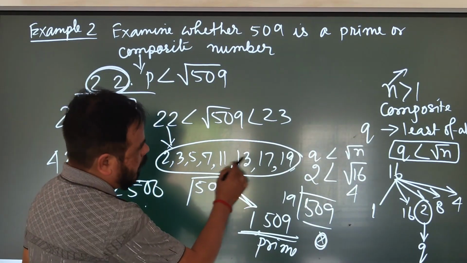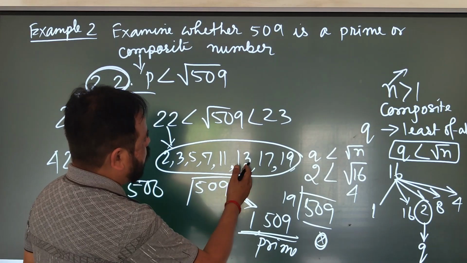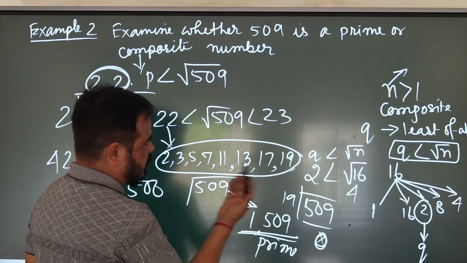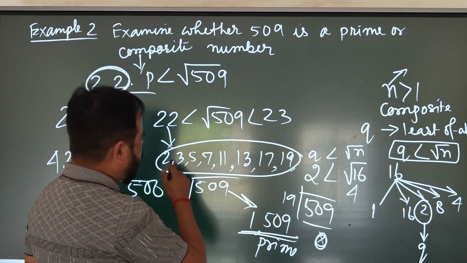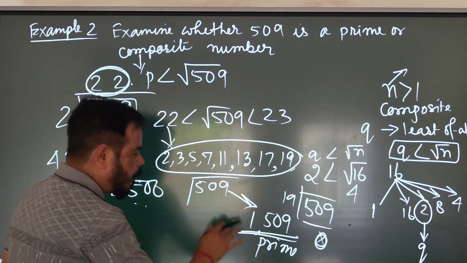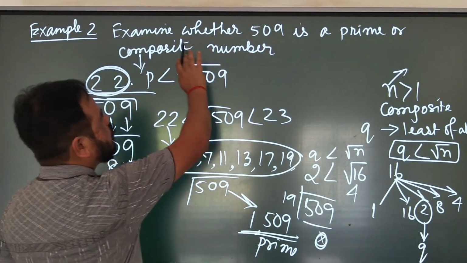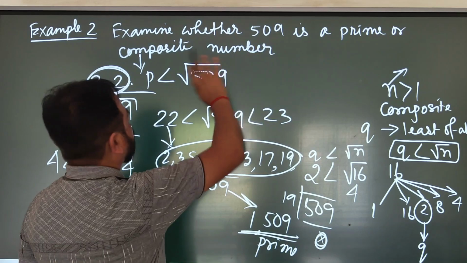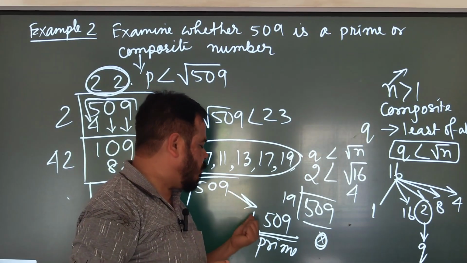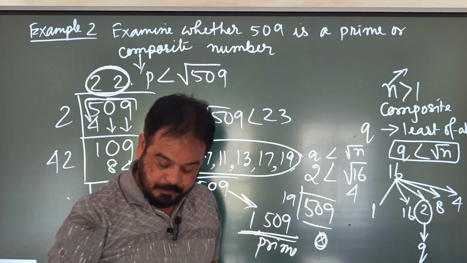We can try one by one, that by 13 it is not divisible, by 17 it is not divisible, by 19 it is not. So among all these numbers, 509 will not be divisible. So 509 is prime, because 509 is divisible by 1 and 509 itself.